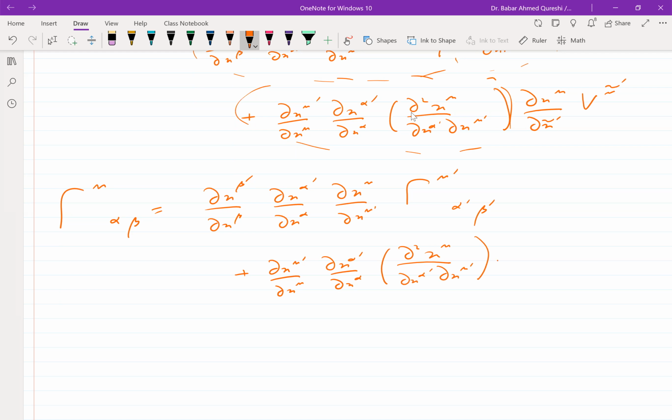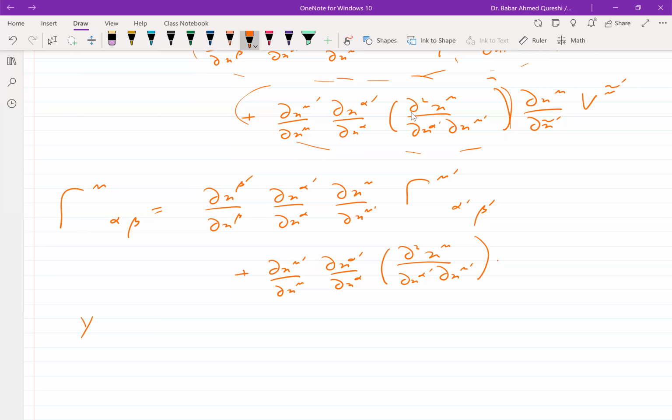Something like this. We wouldn't need it much, but it is extremely important to know that these guys do not transform like a tensor. So it's not a tensor. And the idea is that you pick up any field which transforms like this. You can just define it in one coordinate system.